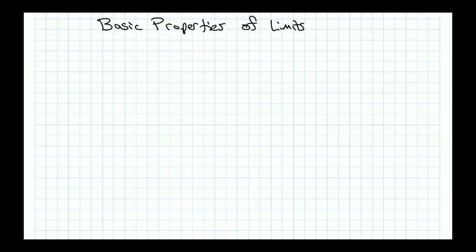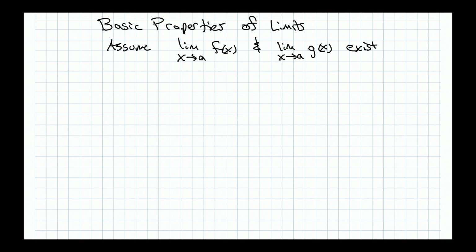Okay, so let's see. Assume the limit as x approaches a of f of x and the limit as x approaches a of g of x exist. Okay. Now here's some properties. Number one property.